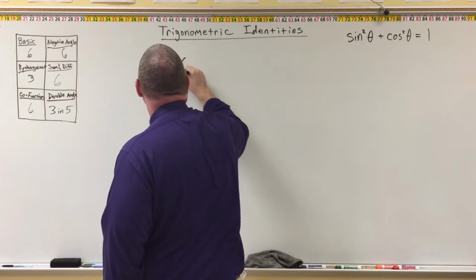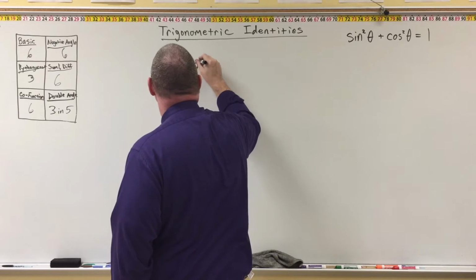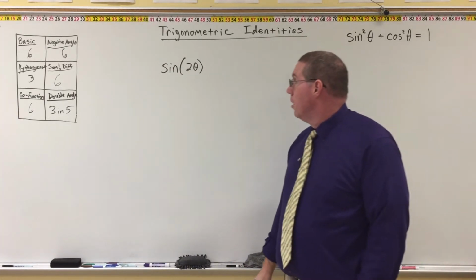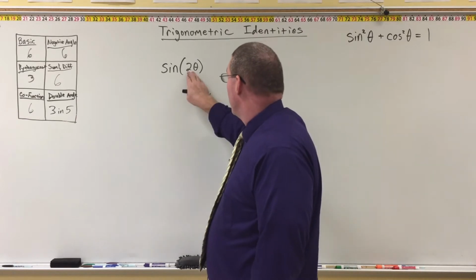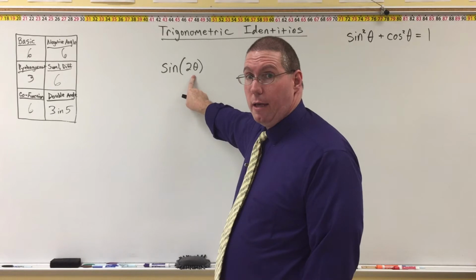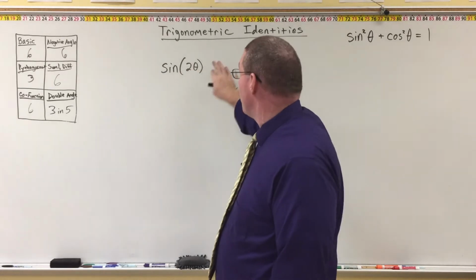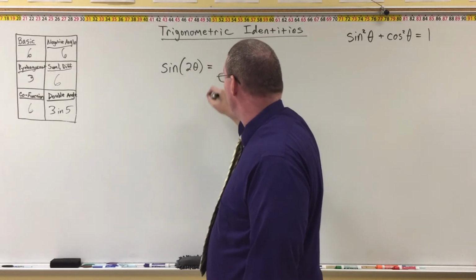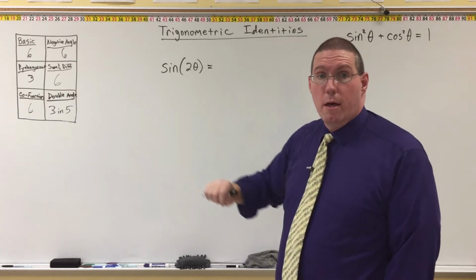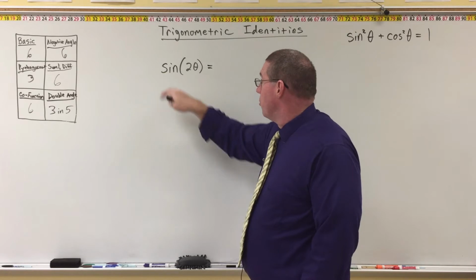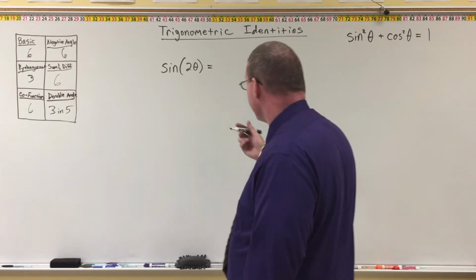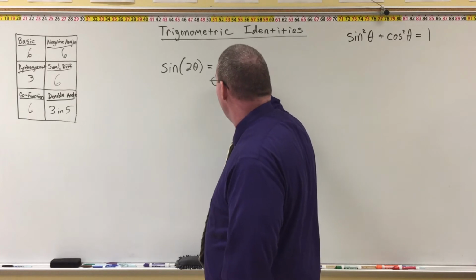I'll say sine of 2 theta. Now this is really useful in situations where you have sine of 2x or something like that. And so you can take that out and replace it with what it is equal to, okay? You'd be amazed at how many situations you wind up with 2 times your variable inside your trigonometric function. This one's a really easy one, but again, you just kind of have to memorize it.